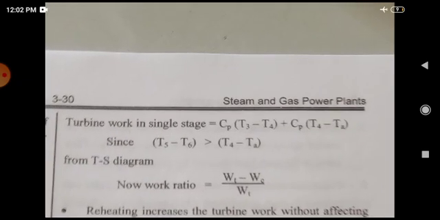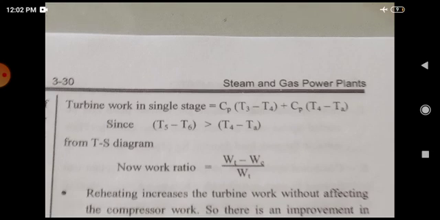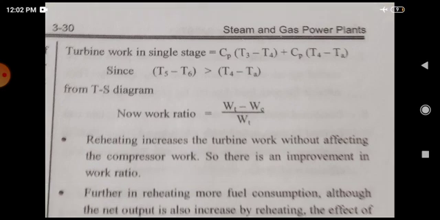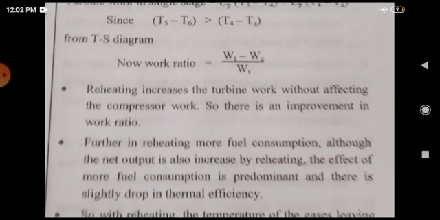Turbine work in a single stage is equal to Cp (T3 minus T4) plus Cp into (T4 minus Ta). Since T5 minus T6 is greater than T4 minus Ta, the net work done and work ratio is equal to (Wt minus Wc) upon Wt.